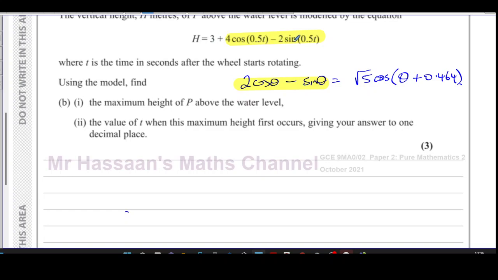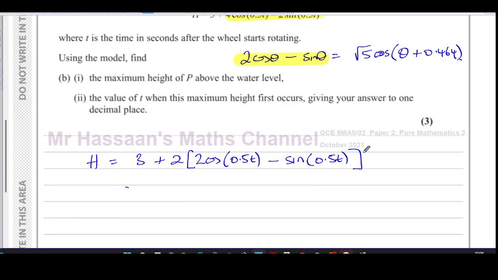So if I take this expression and I take 2 out as a common factor, what I'll be left with inside the bracket will be of this type of form. So I can take what our h is, we can write it as 3 plus 2 times, and then I can put 2 cosine of the angle 0.5t minus sine of the angle 0.5t.